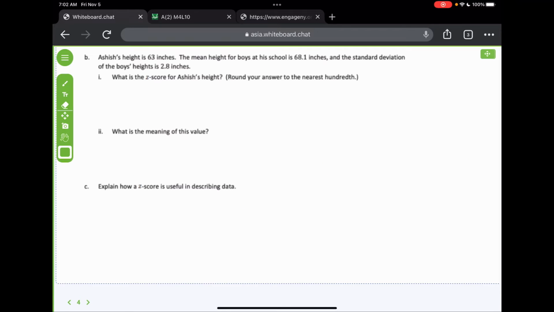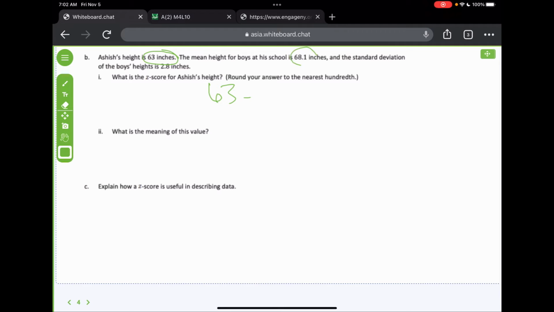Let's look at page 4. This says, Ashishi's height is 63 inches. The mean height for boys at his school is 68.1 inches, and the standard deviation of the boys' height is 2.8 inches. What is the z-score? So what is our value? 63.